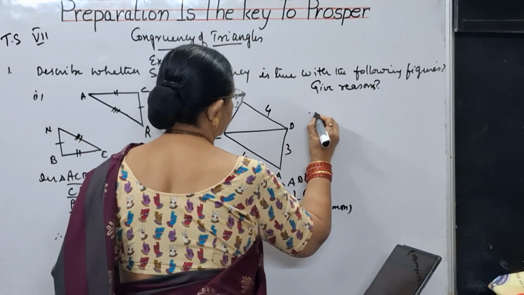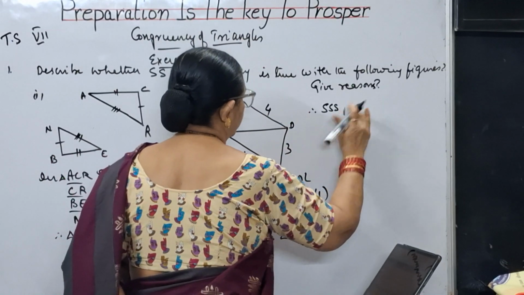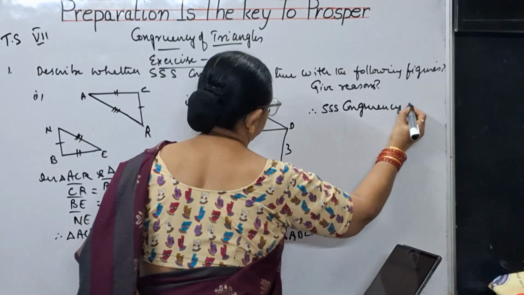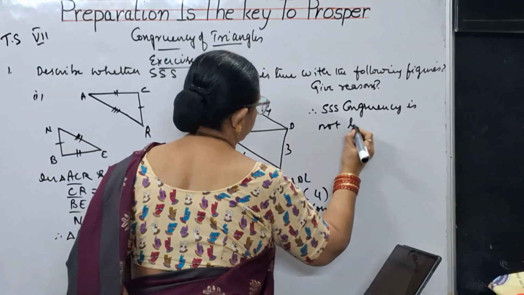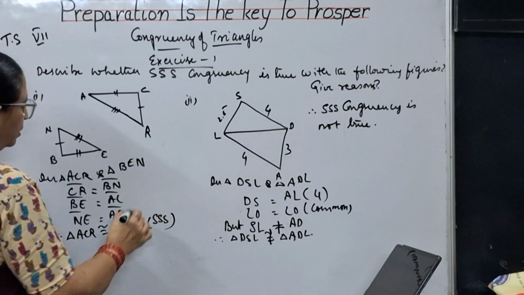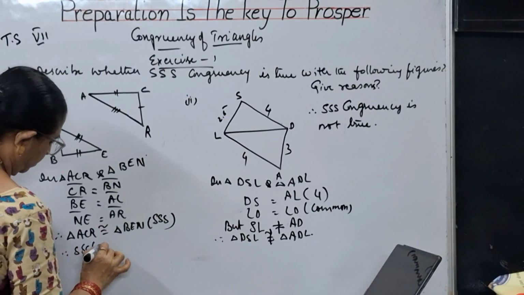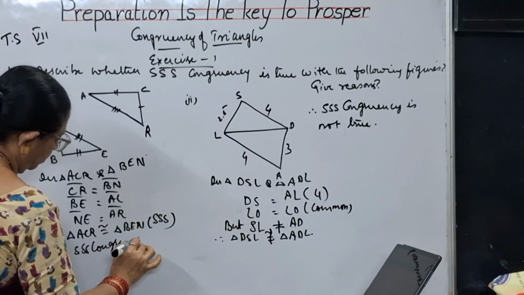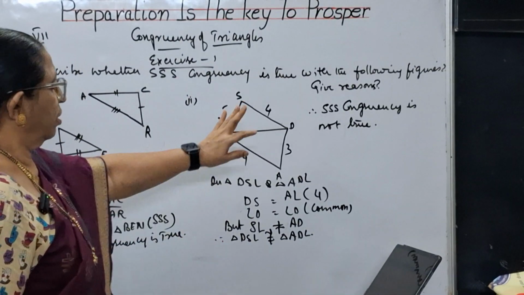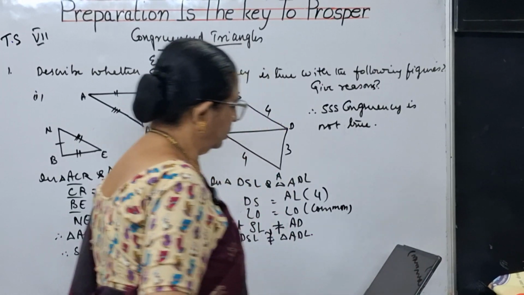When you are saying this, we will say that therefore SSS congruency is not true. You can even write it here. For the other one, SSS congruency is true. You can write it true here. It is not true there. These are the two sums given here, children. Please note it down.